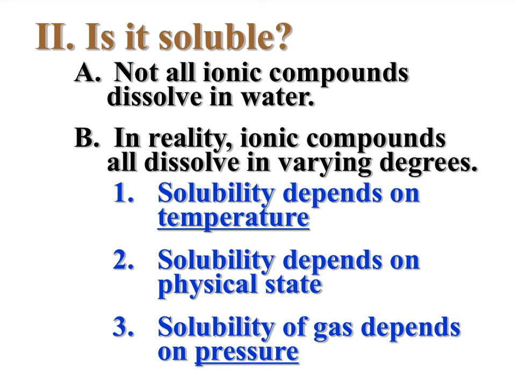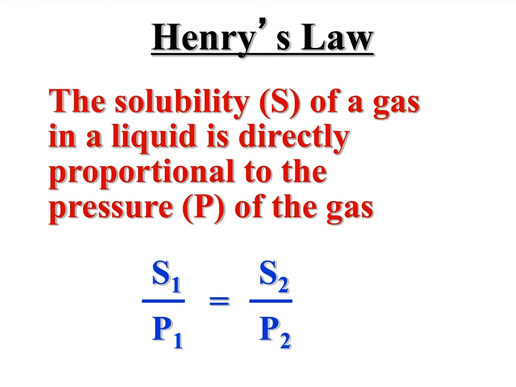Because pressure and temperature are the two big things when you're talking about gases. And that's going to be important for our discussion about oxygen and carbon dioxide being dissolved in blood, because after all, blood is a solution. Henry's Law is something I wanted to talk about, but you know what? We don't have time. We're not going to discuss it.